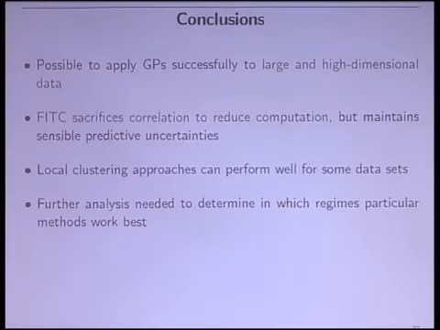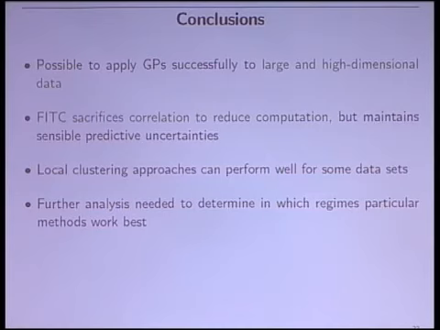So just to conclude, with some of these methods, I think it is possible to apply Gaussian processes successfully to large and high dimensional data sets. Maybe the work hasn't been done to really scale them up to super big data sets, millions of points and thousands of dimensions. So I think more methods are needed there. The type of approach I've talked about are two types of approaches.